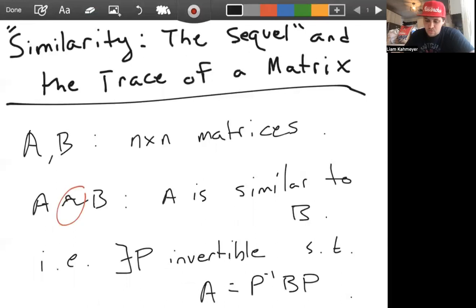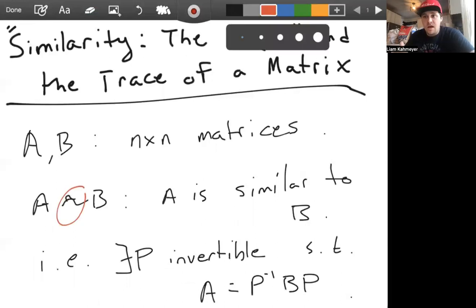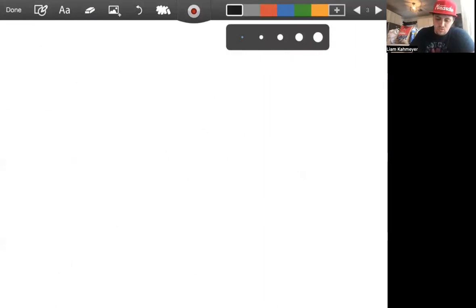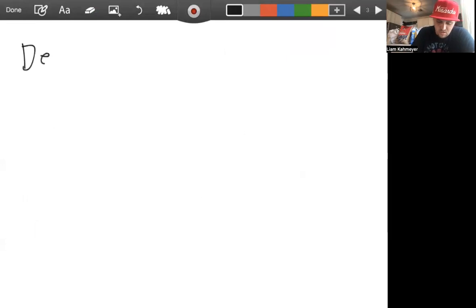And so what we want to do is realize similarity as a relation. And more than just a relation, we're going to prove that it's an equivalence relation. So first, let's define an equivalence relation.